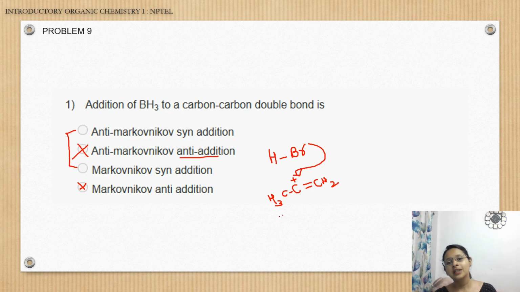So Br will be adding to that carbon of the alkene which is bearing the lesser number of hydrogens. That is what the Markovnikov rule suggests.